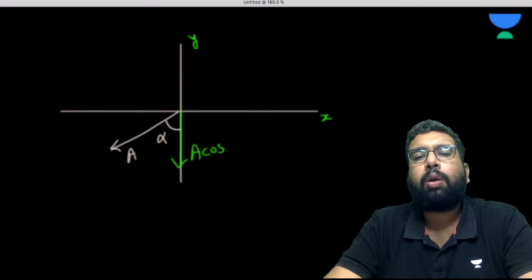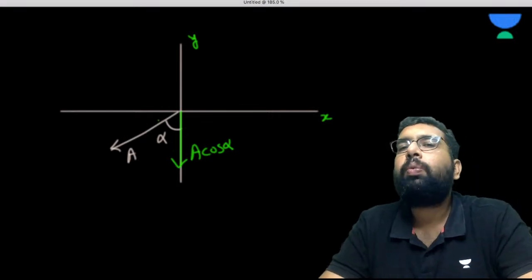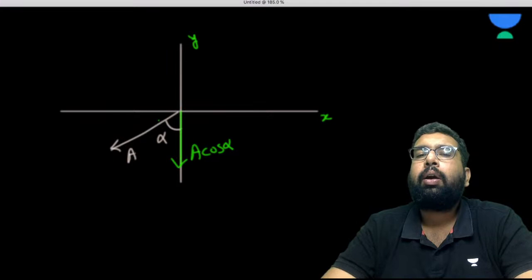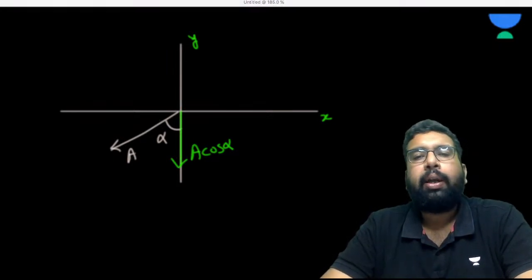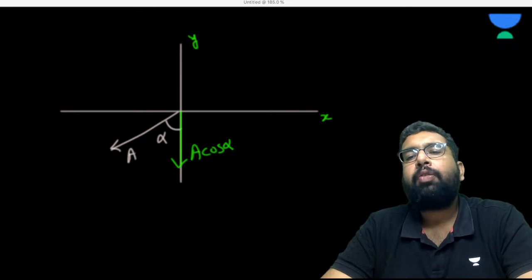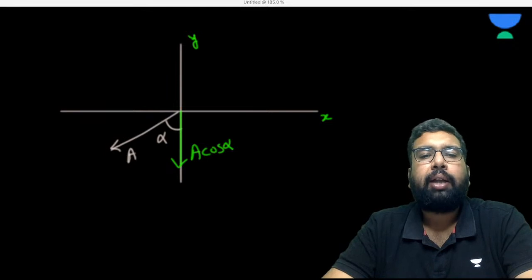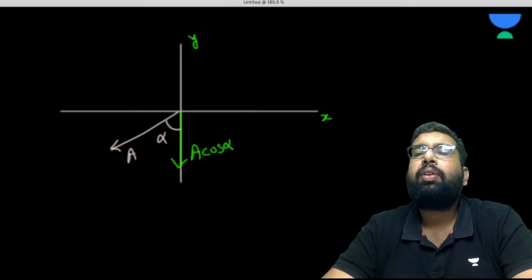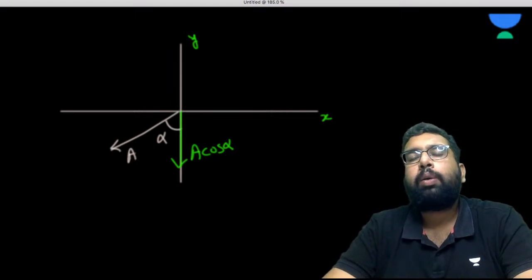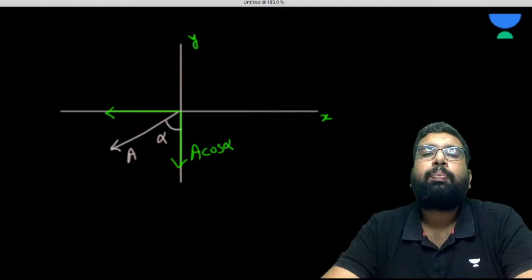See, cos comes. It is not a matter of horizontal or vertical. The only thing you need to remember is that whichever axis has the angle with that vector, you are going to have the cos along that axis, and the axis perpendicular to it will have the component of sine.